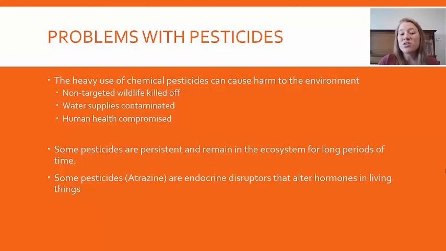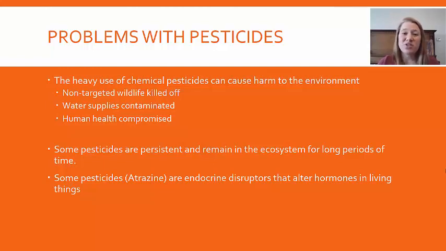Now, some pesticides are also what is called persistent, meaning that they persist or remain in the environment for long periods of time. In other words, they don't really break down, they just keep working for a long time. Other pesticides, such as atrazine, are what are called endocrine disruptors.